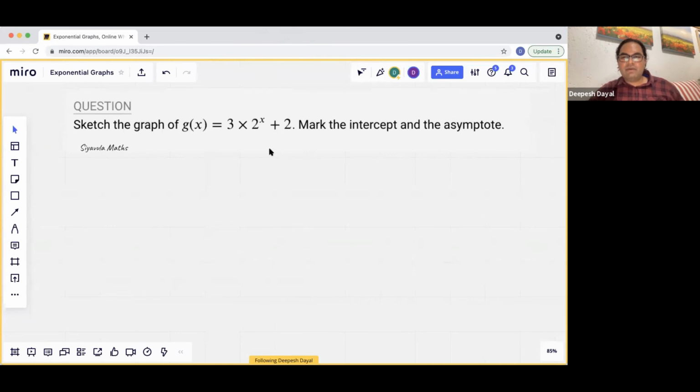Okay, you want to go back to those 8 graphs. Okay, let's go up then. Good. But you're going to have to remember this equation, right? 3 times 2 to the x plus 2. Let's go up to those 8 graphs.